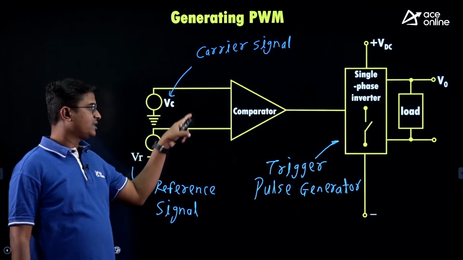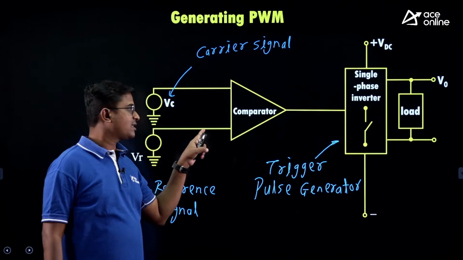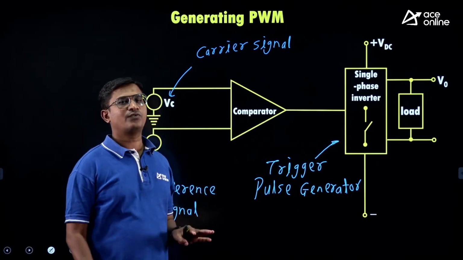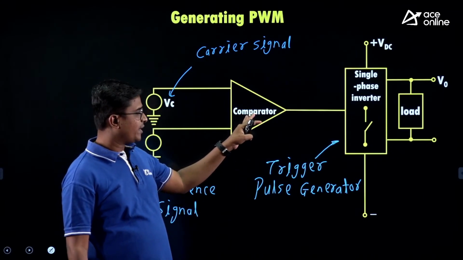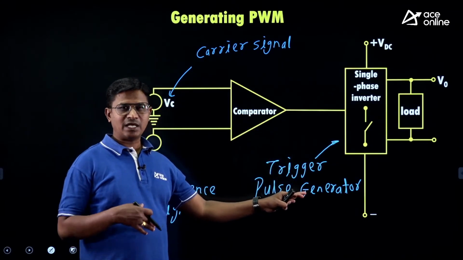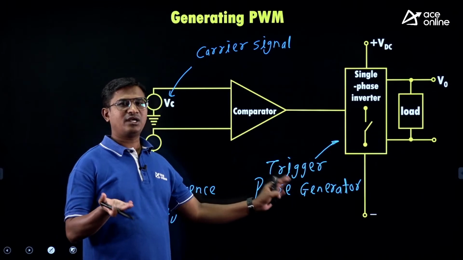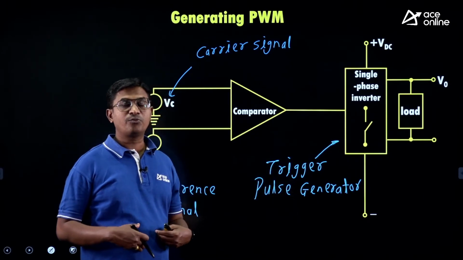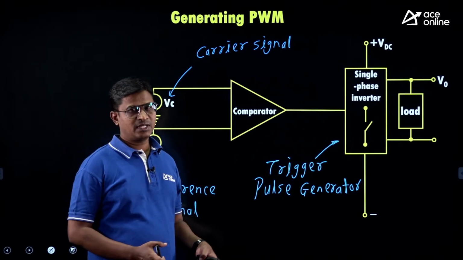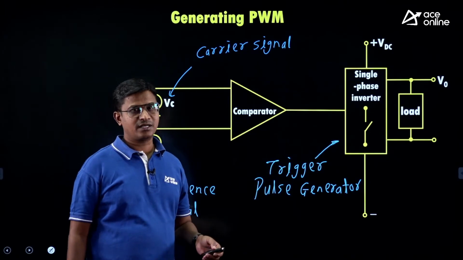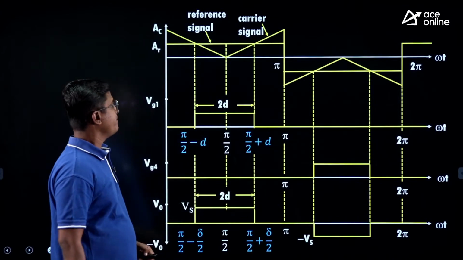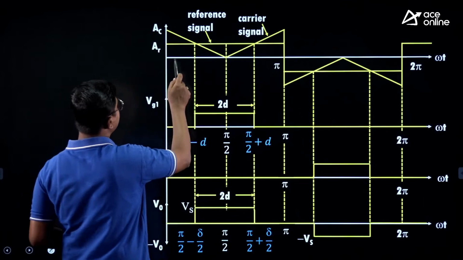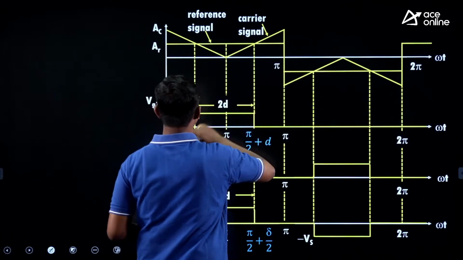The comparator compares them and gives an output in the form of logic 0 or logic 1. Based on the comparator output, the trigger pulse generator will either generate the triggering pulses or not, and those triggering pulses we need to provide to the respective switches present in the inverter circuitry. So here, the single pulse width modulation technique.